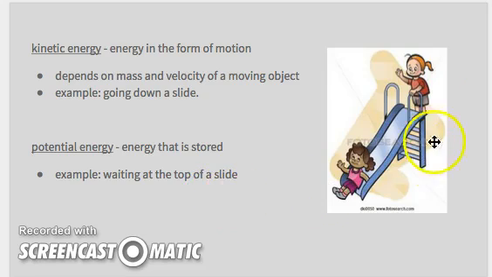This example we have of the little girl waiting up here at the top of the slide is an example of gravitational potential energy. See, she's not really moving, she's not going up or down, and she's not going side to side. But because she is off the ground a certain height, she has potential energy that's stored in the gravitational field between her and the Earth.